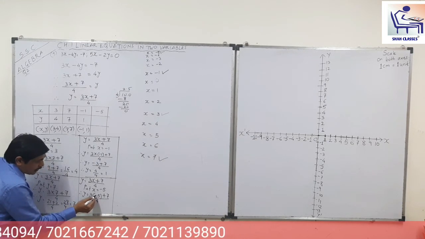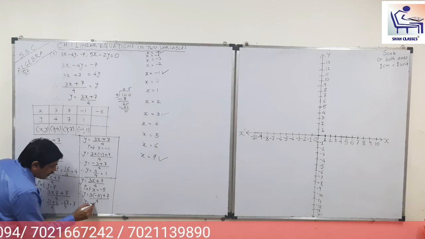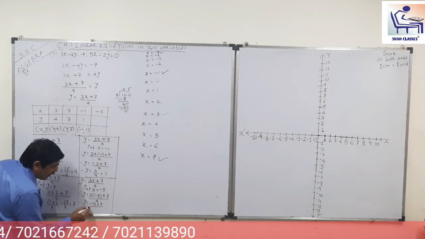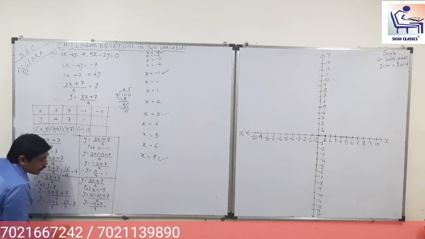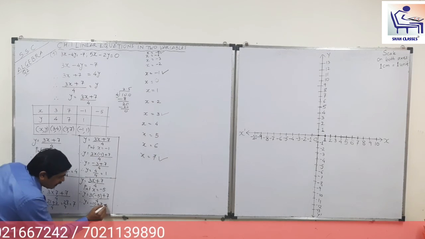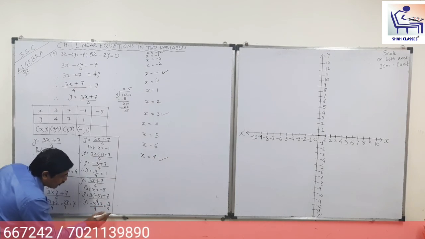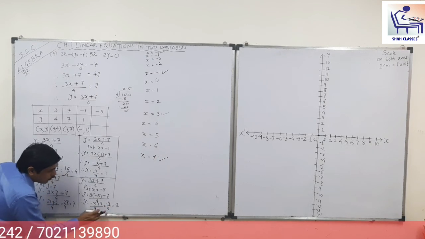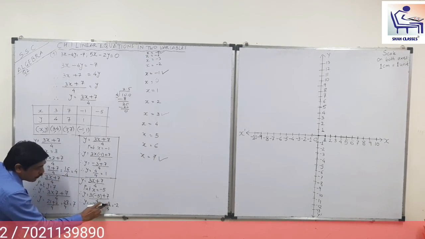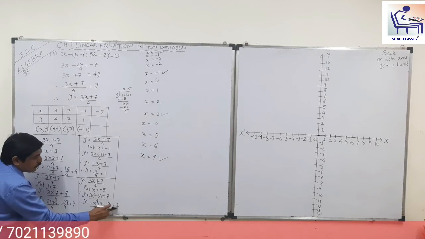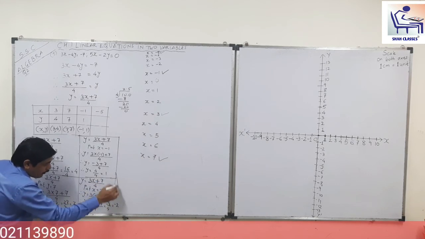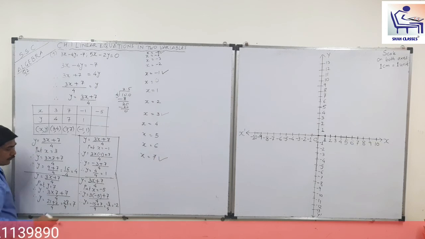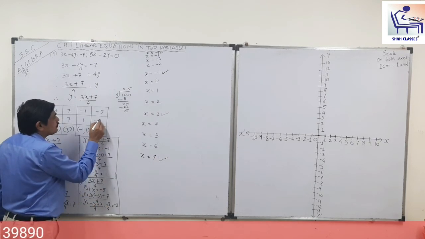So 3 into minus 5 is minus 15 plus 7 upon 4. So minus 15 plus 7 is minus 8 upon 4, and minus 8 upon 4 is minus 2. Remember 4 ones are 4 and 4 twos are 8. So we are getting here the value of y as minus 2.